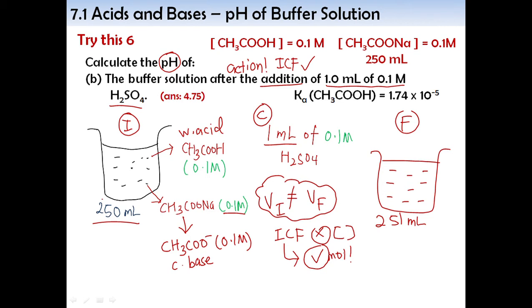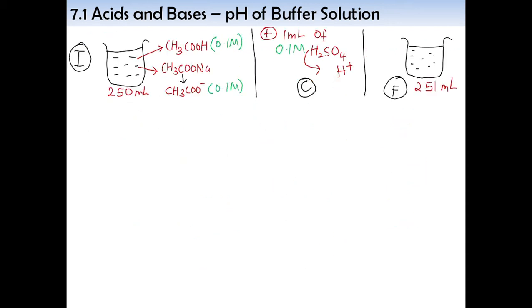That's why saya explain soalan ini dalam part 3 because this ICF table is quite different from part 2. Okay? Jadi saya ada a buffer solution initial 250, final 251. So we know we want to find the pH by construct ICF table in the form of mole.